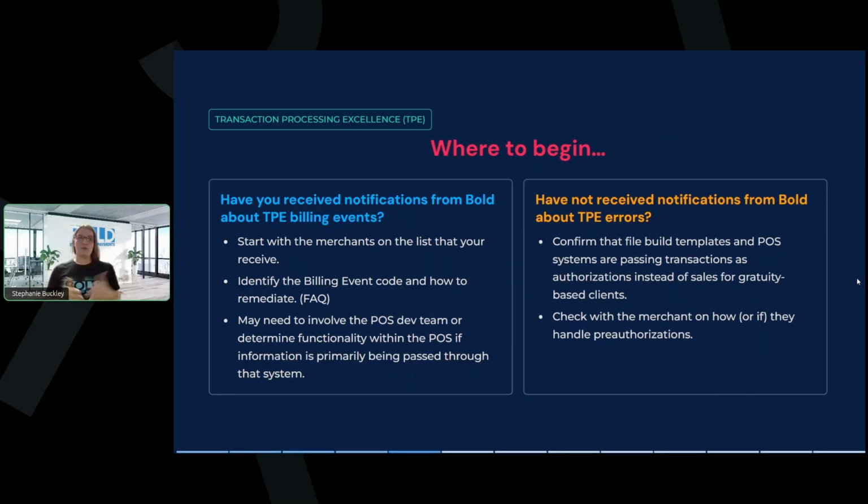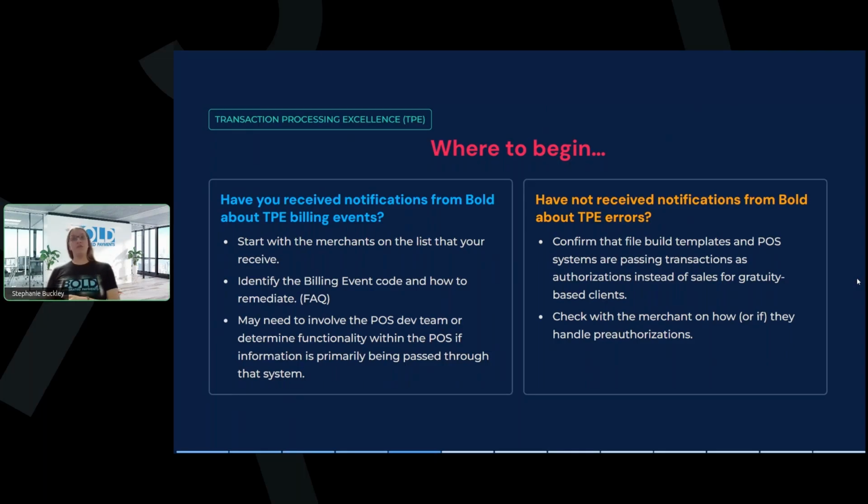And for those of you who joined the call a little later, TPE fees and data integrity fees are not things you see all the time. It's not a consistent thing, but when it does happen, it's good to know what's happening. It's a system that ebbs and flows with the industry, so you might not have anything right now. This is more for the future.